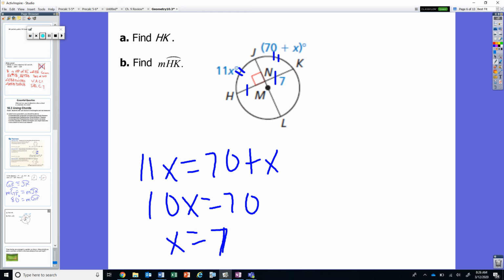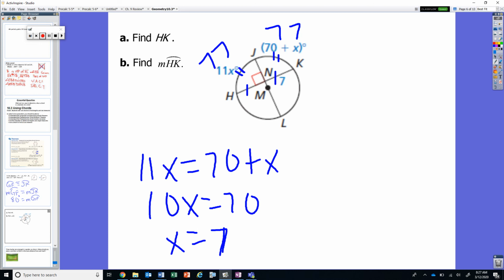Therefore, I can go ahead and find the value of the entire arc HK by substituting x back in to each of their respective spots, or since they are congruent to each other, of course, you can just go ahead, substitute it into one guy, and then multiply by 2. And so we get 77 here, and we get 77 here. And so then ultimately we get 140 plus another 14.